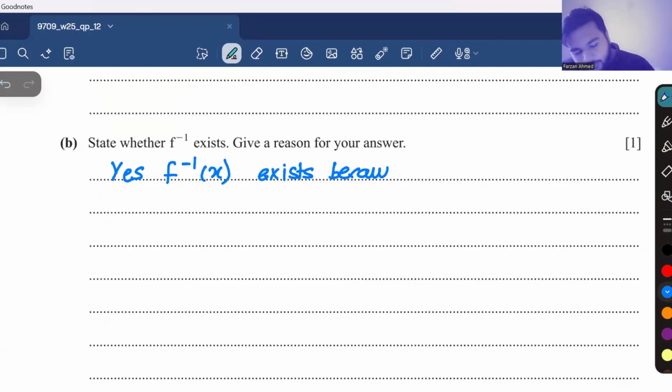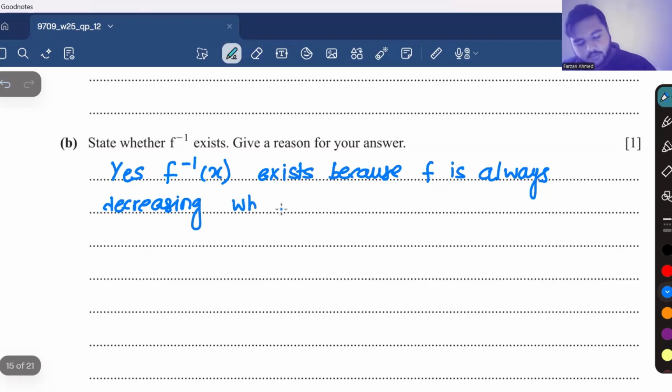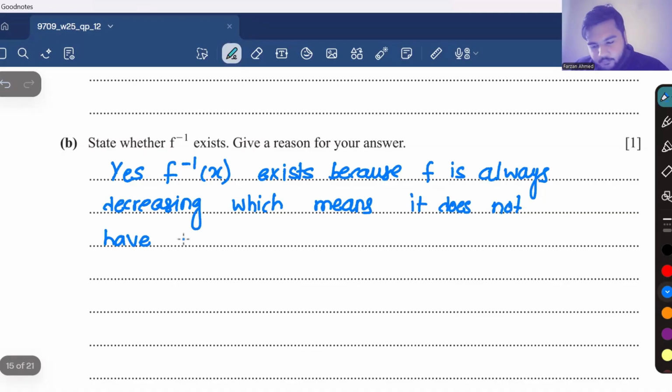because f is always decreasing, which means it does not have a turning point.